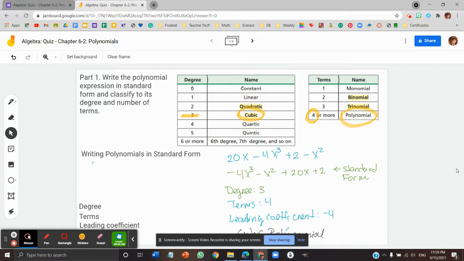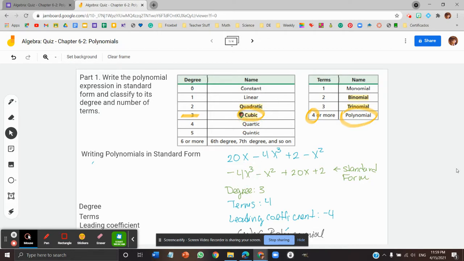Again, the name will always depend on how many degrees it has and how many terms it has. We always write the degree first and then the term. If it has 0 degree, then it will be a constant, just a number. If it has 1 degree, just something x, just a variable, then we call it linear. If it has 2 degrees, it is quadratic. Because this was 3, the degree, it was cubic.